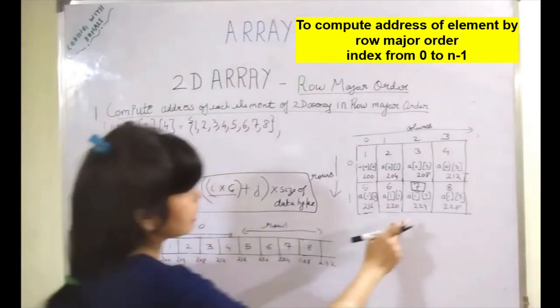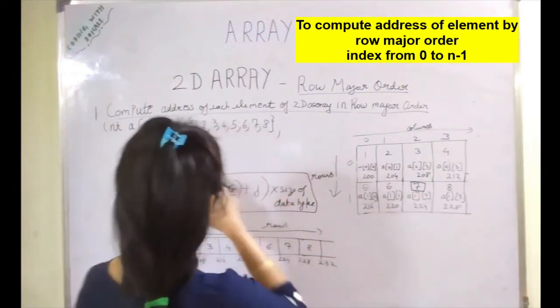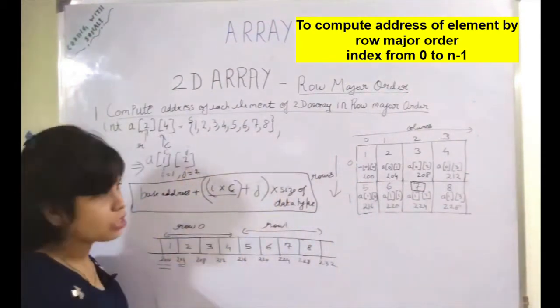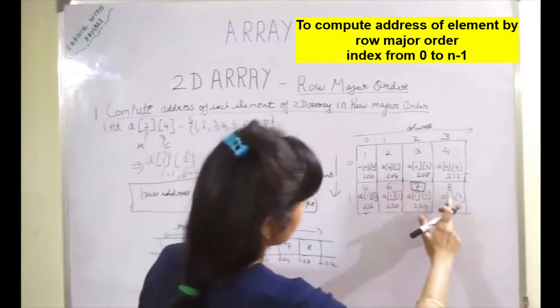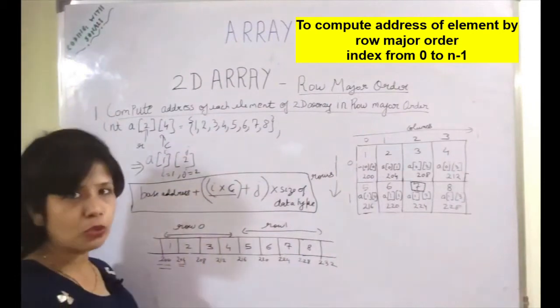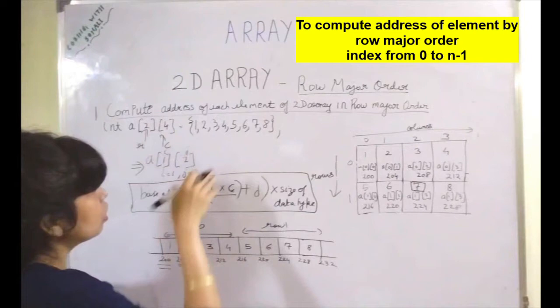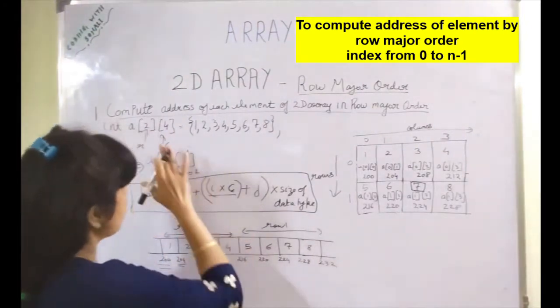If you are asked to calculate the address of the element A subscript 1, A subscript 2, or A subscript 1 and A subscript 3, the I and J values will change, but your R and C, the number of rows and columns of the 2D array, will be fixed because the size is fixed.